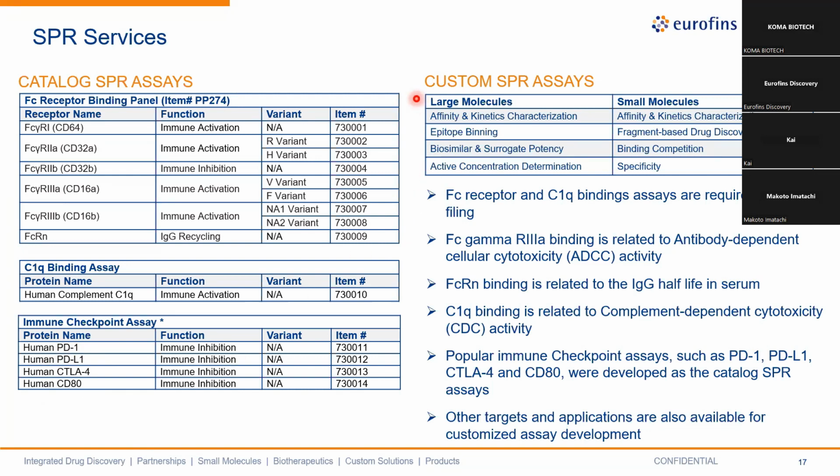We also offer custom service, both for large molecule antibody protein interaction, antibody antigen interaction, or small molecule, like fragment small molecule binding. We offer that service as well. For any target you would like, you can discuss with Coma, and maybe also discuss with us, and then we can design the SPR experiment for you, custom designed for you.